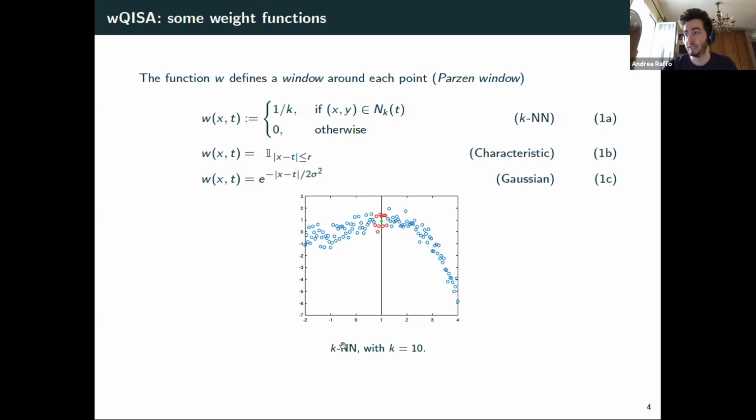Now, here k is set equal to 10, but of course, this is usually a free parameter to be fixed. So we must also decide how we are going to fix these free parameters in weight functions.